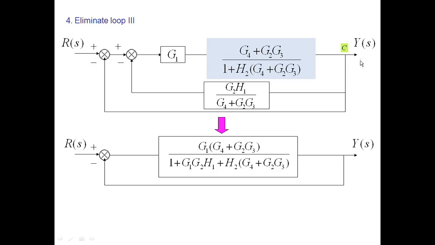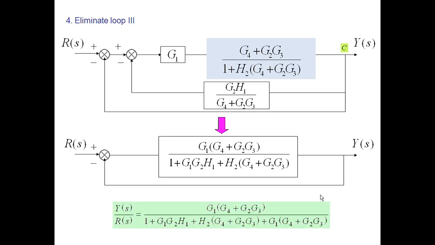Then at the end we get a unity feedback loop. The transfer function, Y(s) upon R(s), is the final answer. This is a very simple sum; if we go step by step, definitely we get the answer.